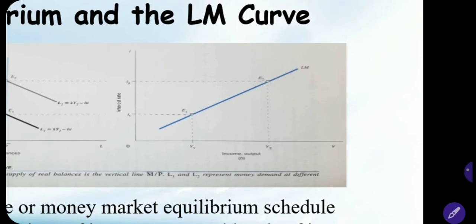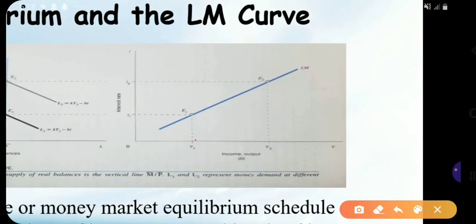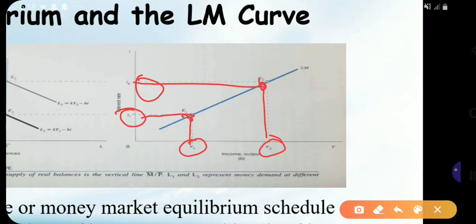Let's say that the first income is here and the interest rate here. If we make a line, the equilibrium will be here, and this is the second. If both increase, the equilibrium will also be higher, like this.